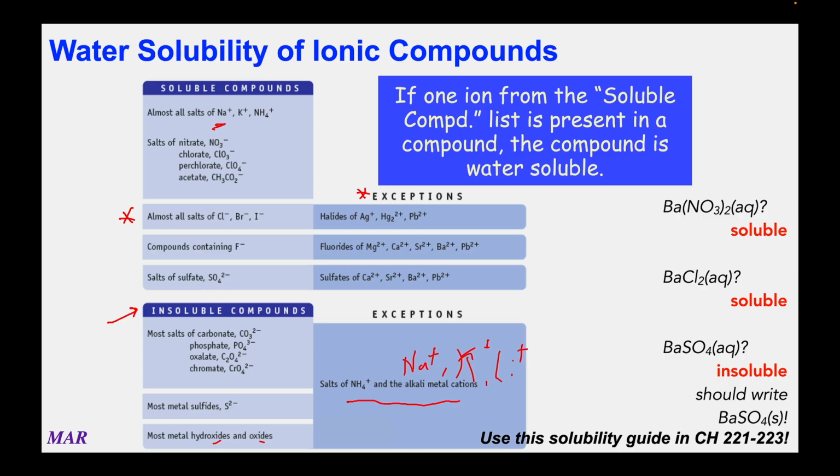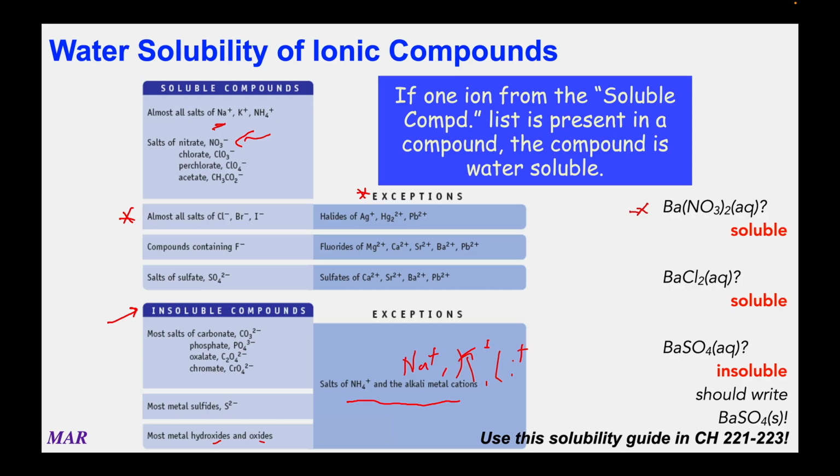So on the right-hand side, I have kind of an example. I'd like you to tell me if these barium compounds are soluble or insoluble. And the first one is barium nitrate. Well, nitrate, as you can see, is one of the ones always soluble. And so there are no exceptions to that. So anything with nitrate should be AQ. It's going to be soluble.